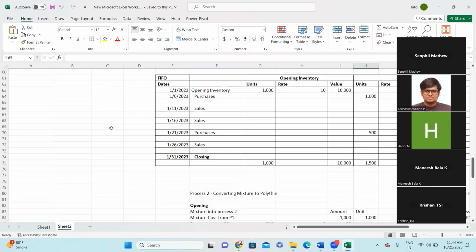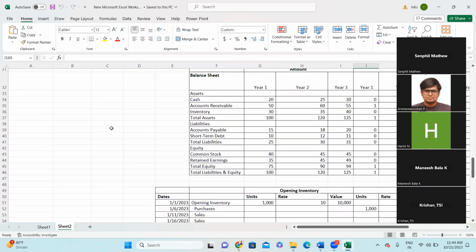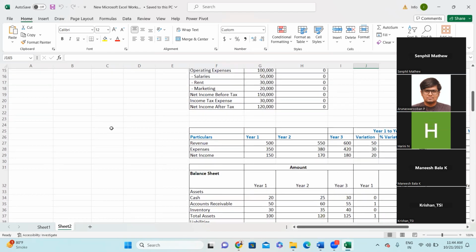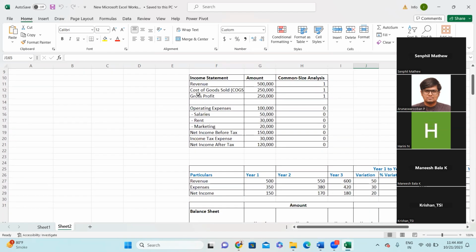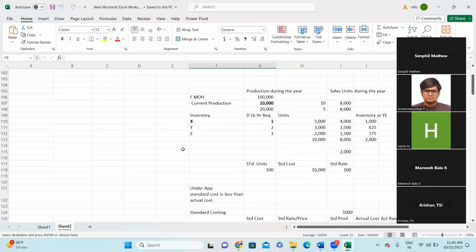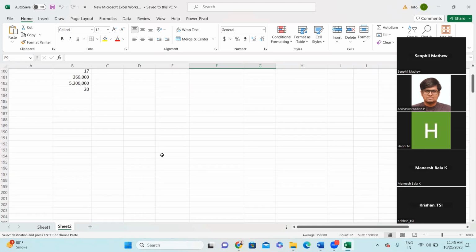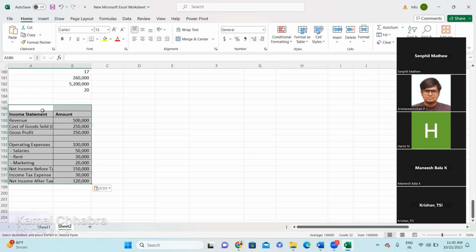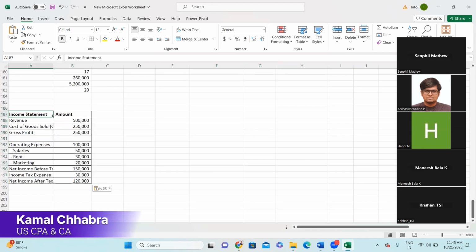Yes, sir. Let me take this illustration for explanation. If you remember, this is the income statement we studied a couple of classes back.